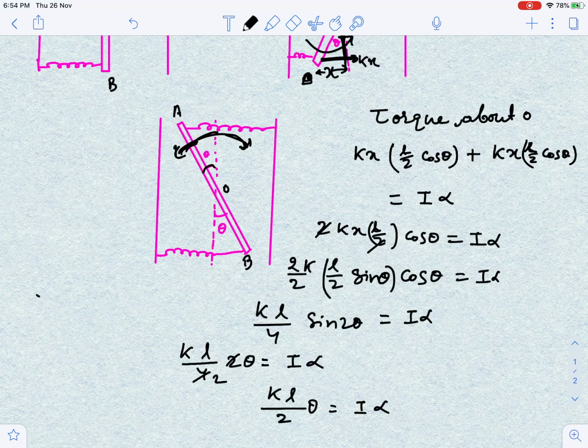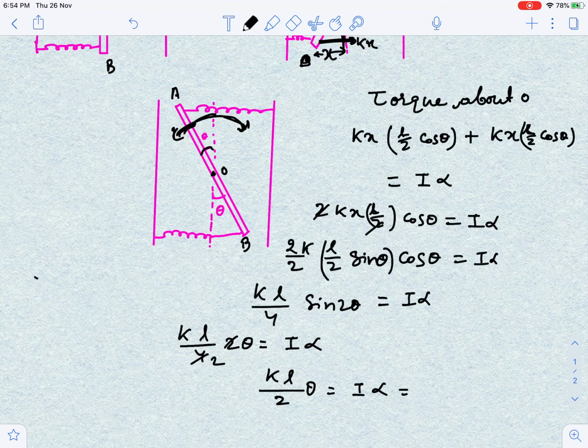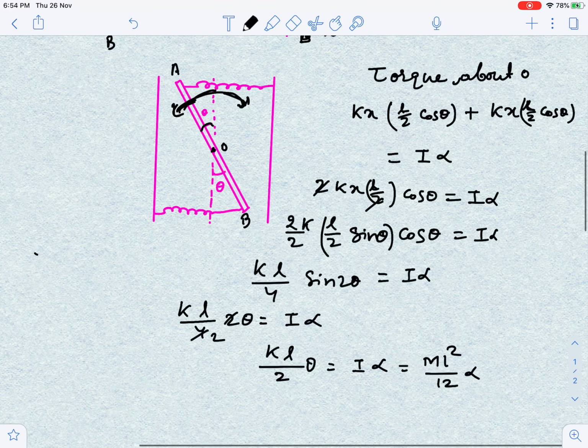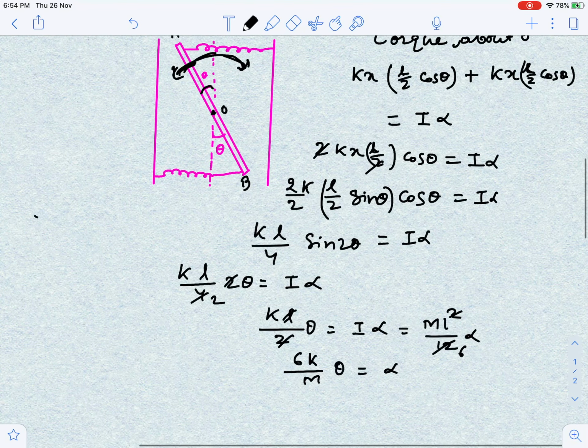The term I is the moment of inertia about this point O. The moment of inertia about the perpendicular bisector of the rod is mL square by 12. So I write mL square by 12 into alpha. Now L and L cancel, and the remaining terms cancel by 6, so 6k by m into theta equals alpha.